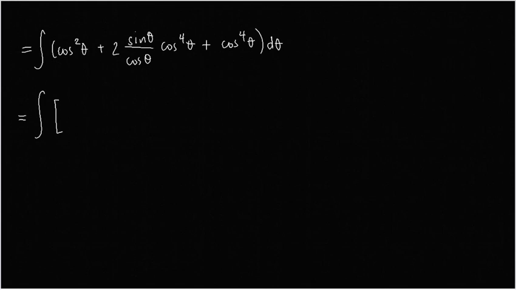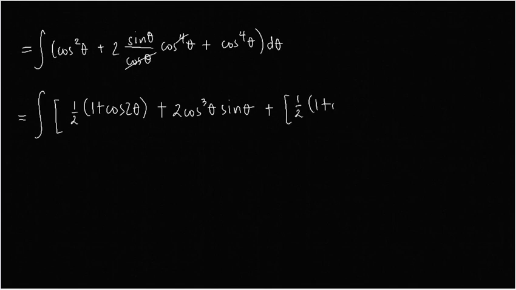Cosine squared of theta can be rewritten as 1/2 times 1 plus cosine of 2 theta. And then this one, cancel yung isang cosine of theta, so that we have 2 cosine cube of theta sine of theta. And then 1 over secant, or cosine theta raised to the fourth power, is the square of 1/2 times 1 plus cosine of 2 theta, squared.